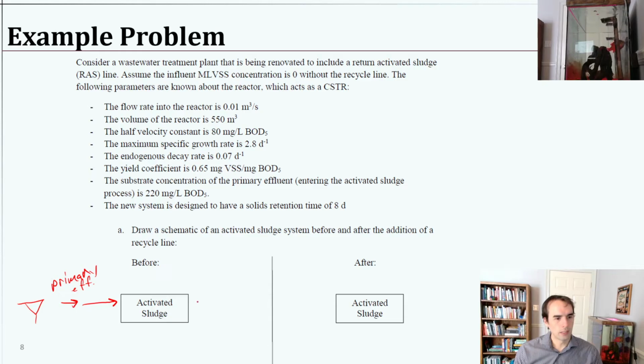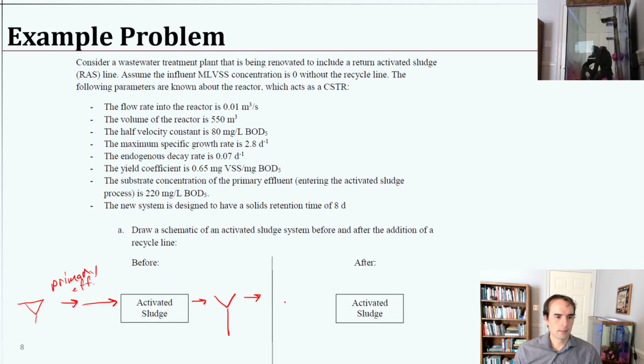Then we have activated sludge, and then the next step would very likely be another clarifier to capture those bacteria and go about its business. So very simple, activated sludge is here, and within the secondary treatment, we'd probably have a clarifier following that. We'll talk about another time how we can actually use membranes instead of a clarifier, and that's called a membrane bioreactor.